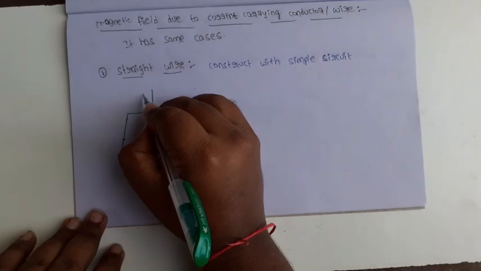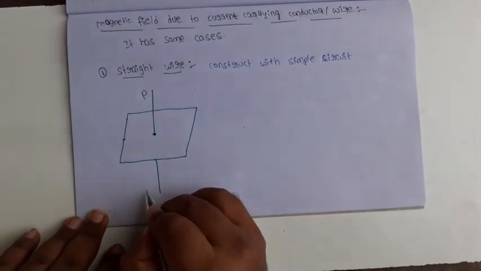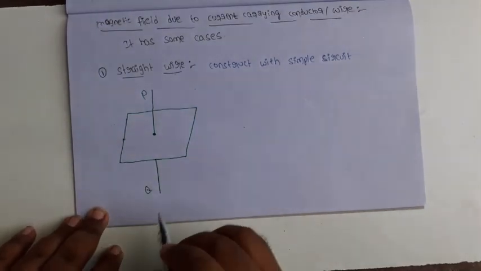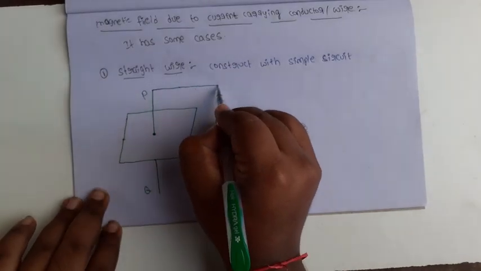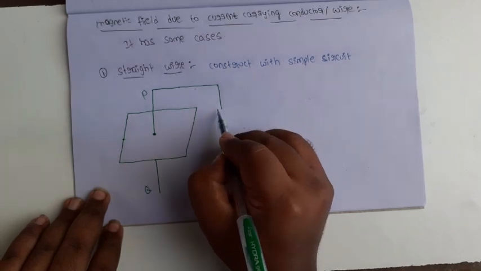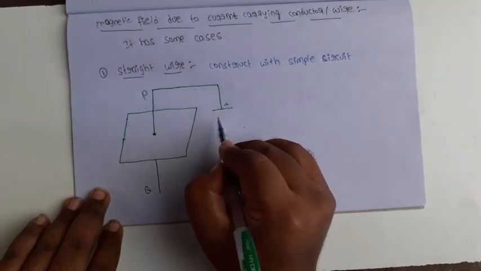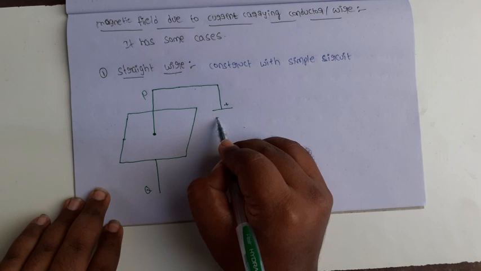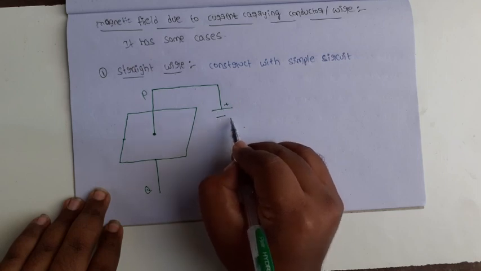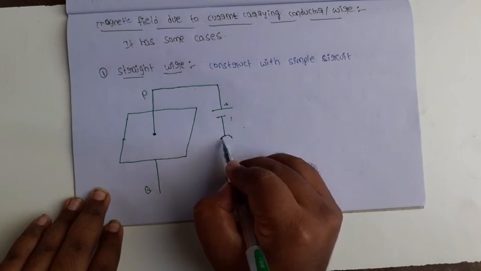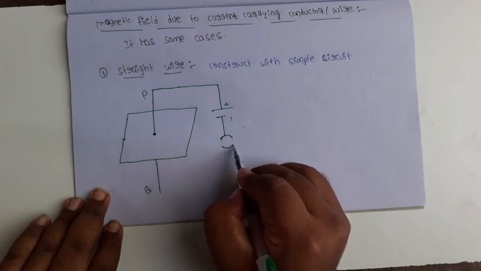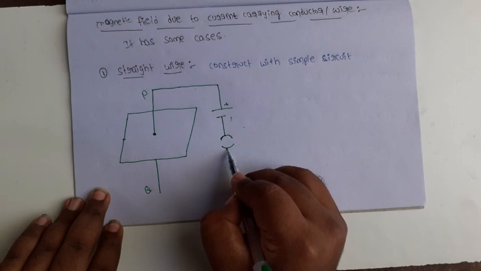At this end I am taking point P, and this is point Q. Point P is connected to the positive terminal of the battery, and the negative terminal of the battery is connected to one terminal of the plug key or switch.